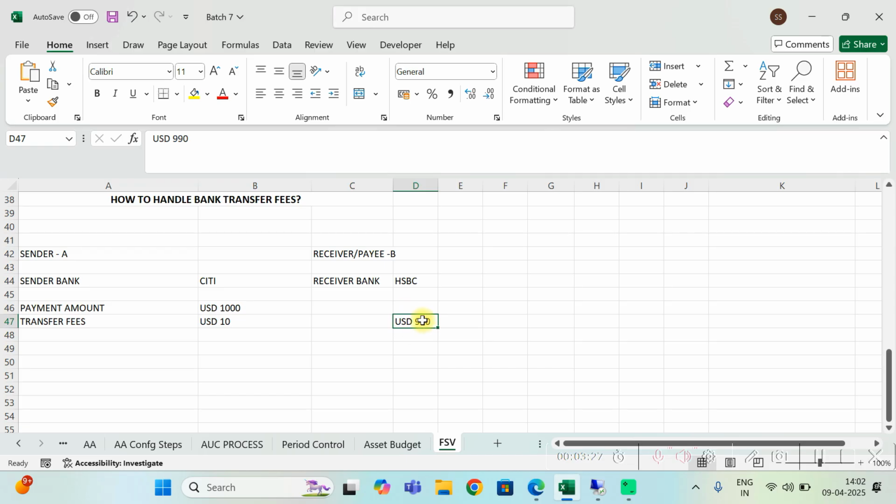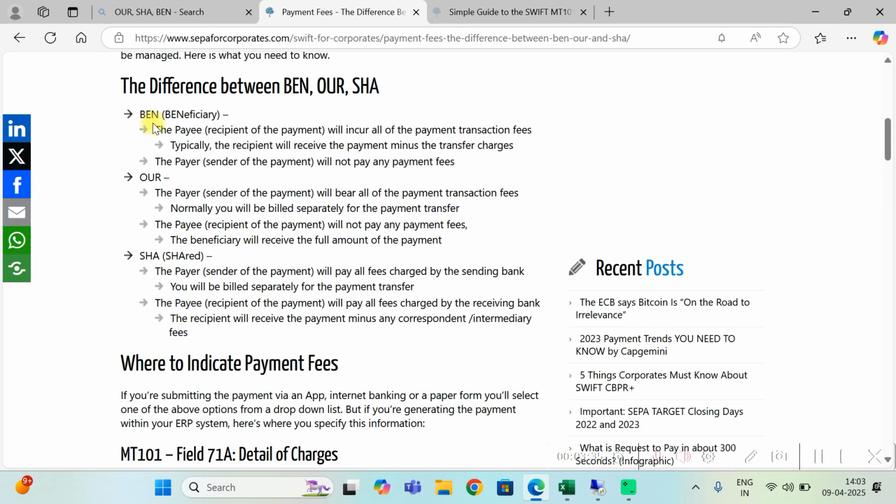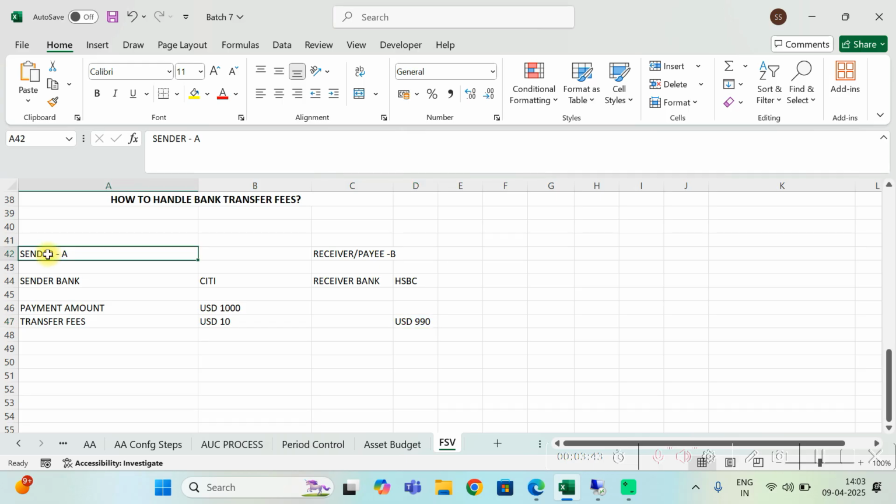If in the payment file you are passing the BEN symbol, the bank will understand that this $10 should not be charged to the sender but to the receiver, and they will deduct that fee amount and pay the net amount to the receiver.